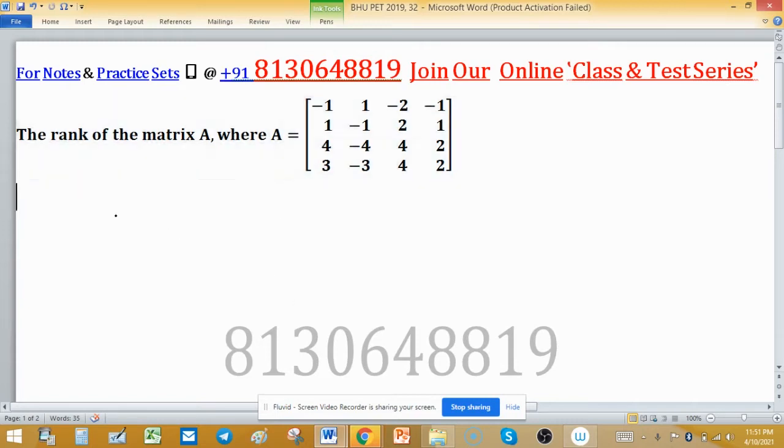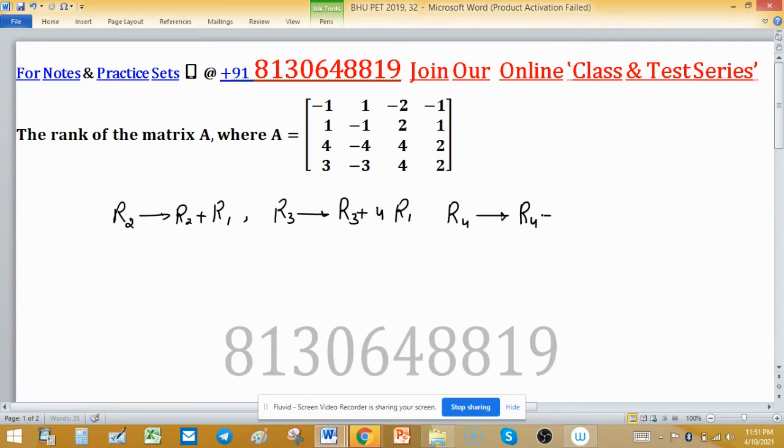Apply row operations. We change R2 to R2 plus R1, R3 to R3 plus 4 times R1, and R4 to R4 plus 3 times R1. These are all operations we apply simultaneously to row reduce this matrix.